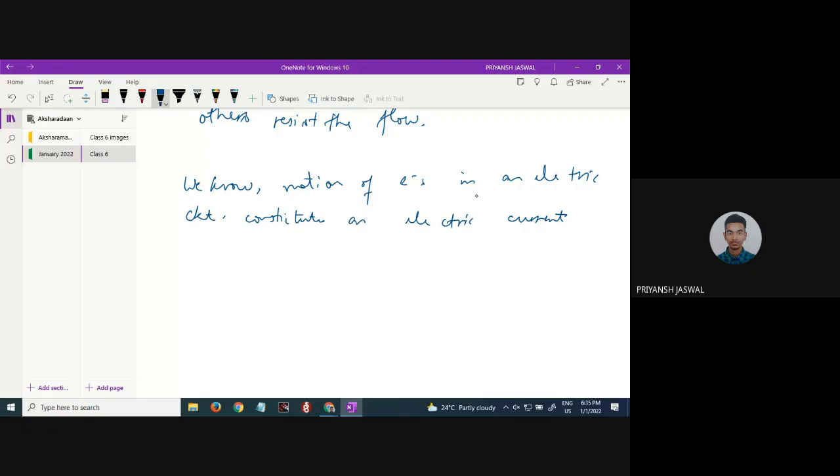The motion of electrons, that is the negatively charged particles inside the electrical circuit, the flow of charges, is the electric current. That is the basic definition of current itself. The electrons flow from the negative terminal of the battery to the positive terminal, which constitutes a current.